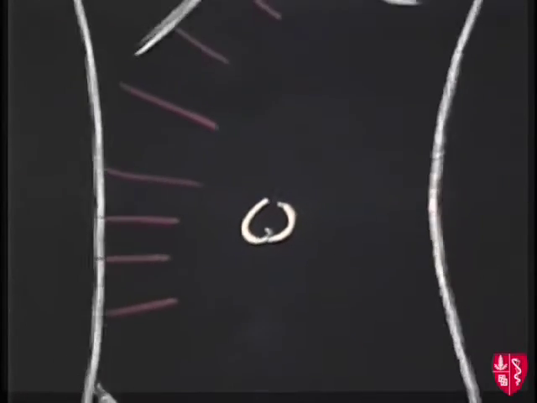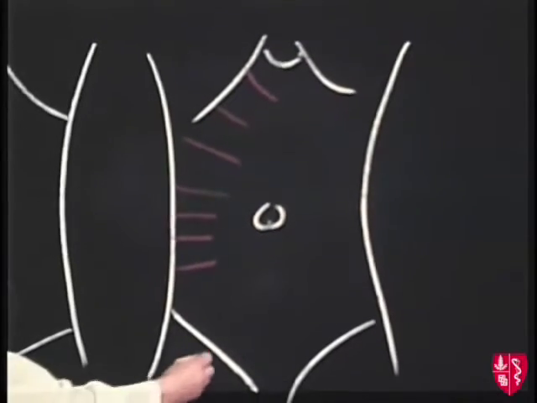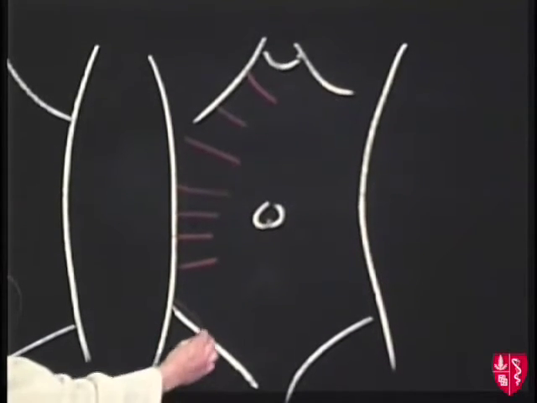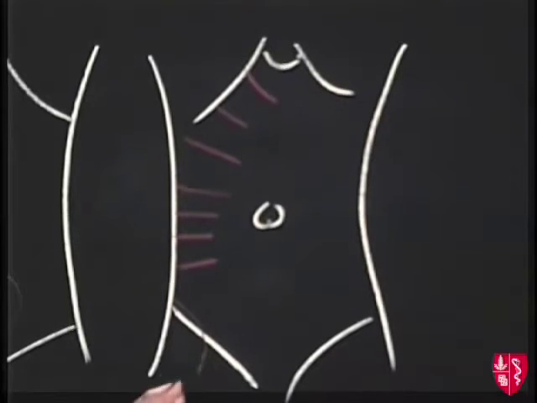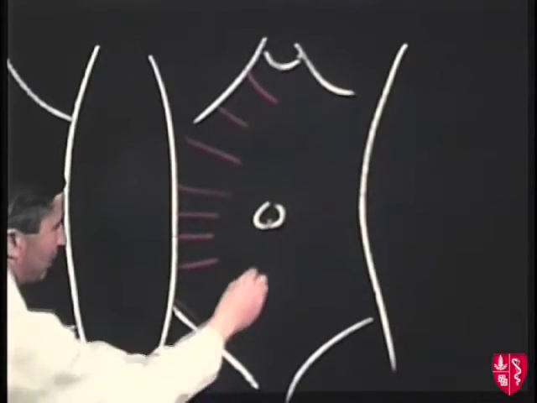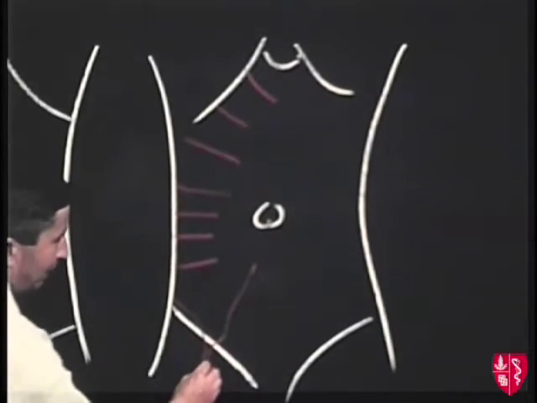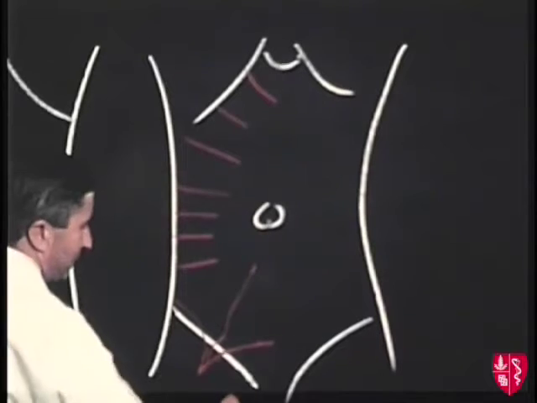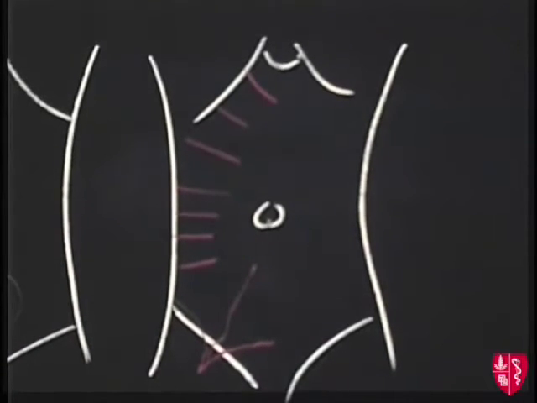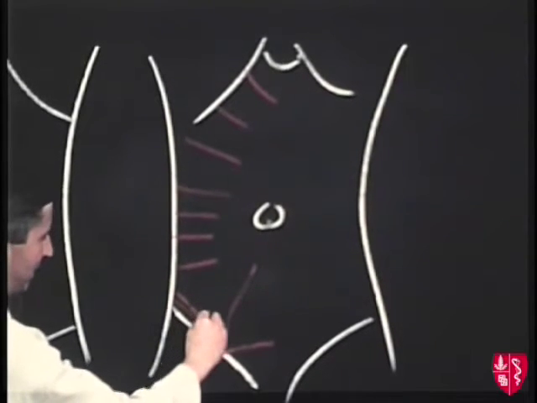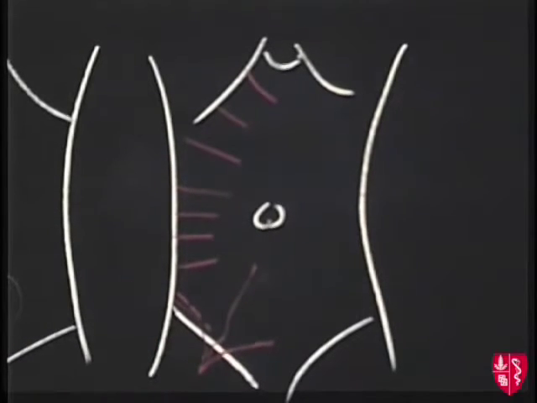Well, now if we consider the blood supply coming up from below, we have from the femoral artery the superficial circumflex iliac artery, which comes up to the anterior superior iliac spine region, and we have coming up towards the umbilicus the superficial epigastric artery, and coming up towards the midline above the symphysis pubis the superficial external pudendal. And we mustn't forget that deep down in the anterior abdominal wall, above the inguinal ligament, we have here the deep circumflex iliac artery, a branch of the external iliac artery.